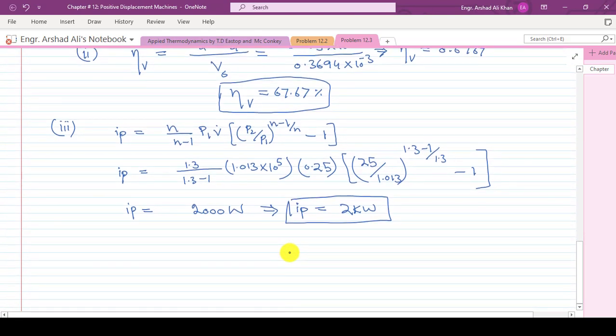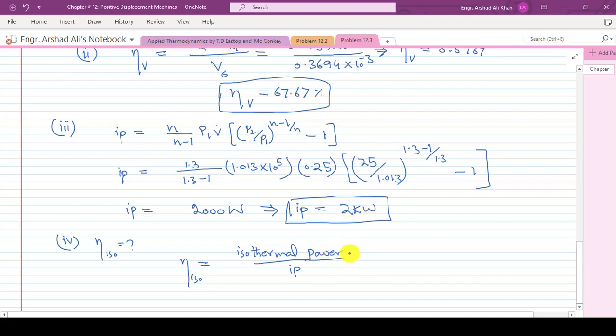Also, number 4, we have to find the value of isothermal efficiency. So for that we have expression, that is isothermal efficiency is equal to isothermal power divided by indicated power. So indicated power is known, that is 2 kilowatt. We have found that value.